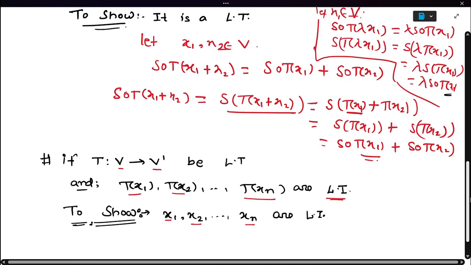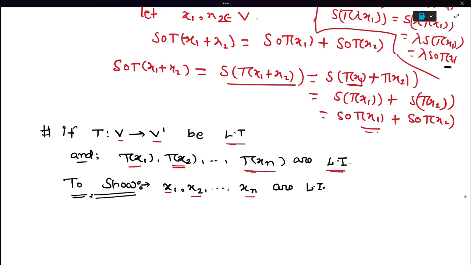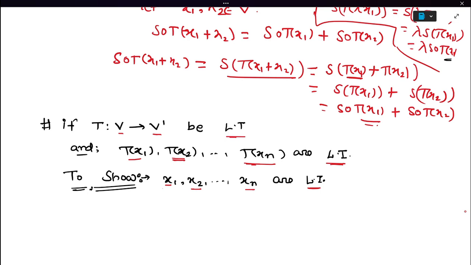Now we will prove that when the image set of a linear transformation is linearly independent, then the pre-image set will also be linearly independent. For linear independence, it is easy to prove.